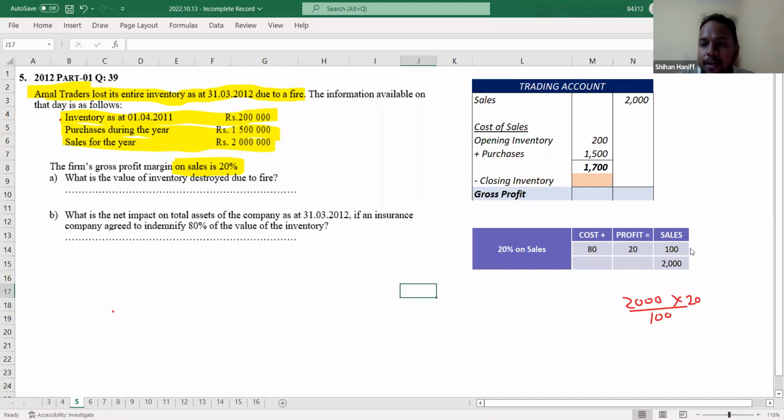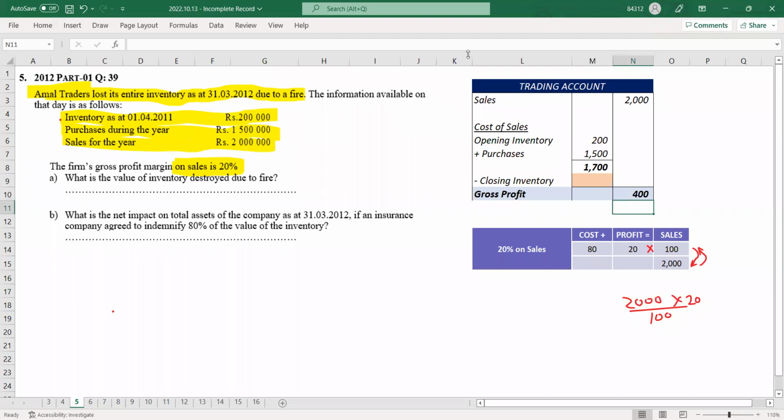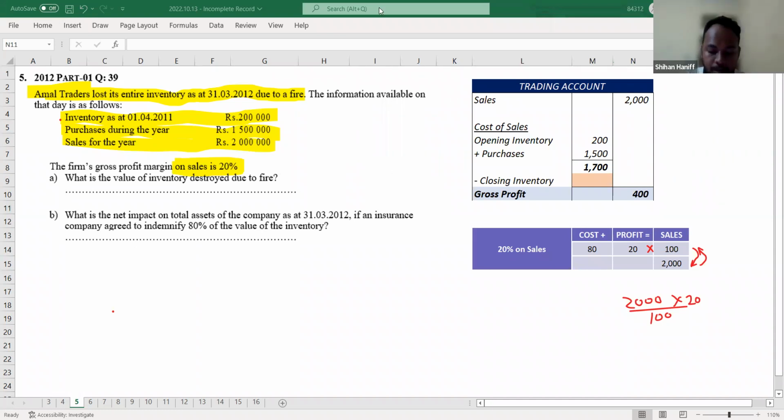So as I said earlier, this is called cross multiplication. So we get 400 as the gross profit. Gross profit is 400.